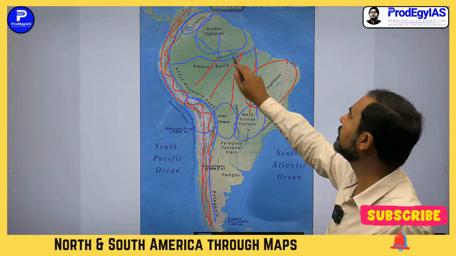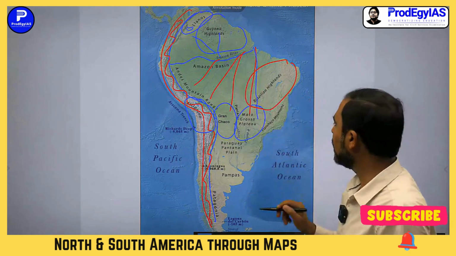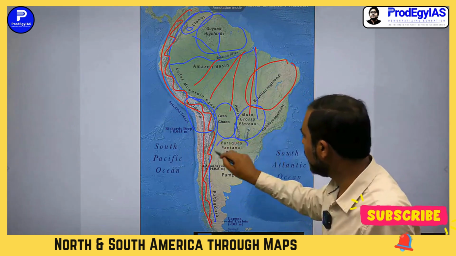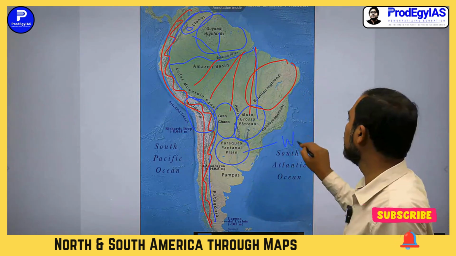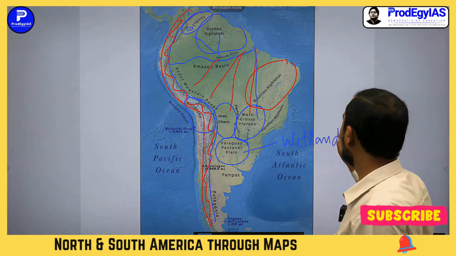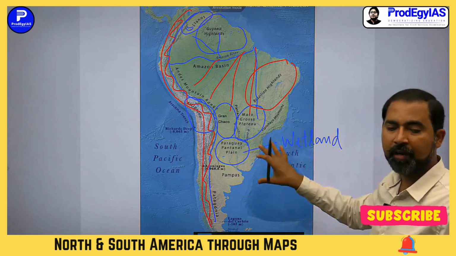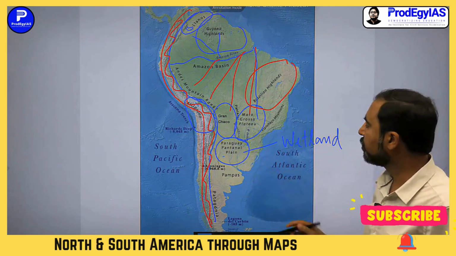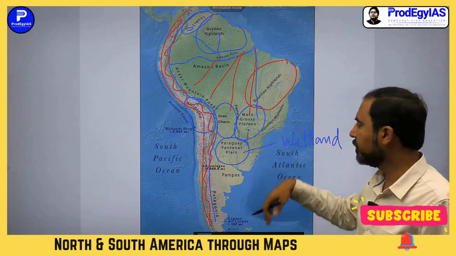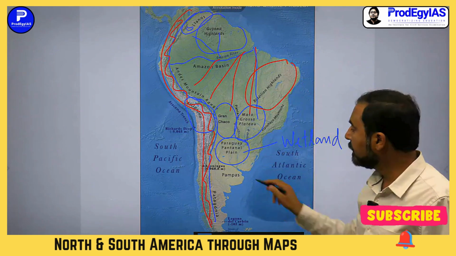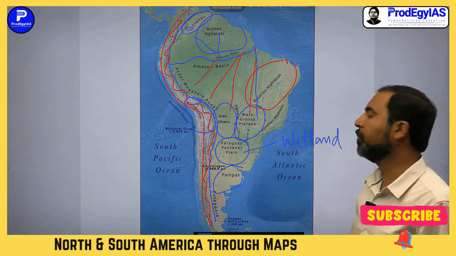Here, Selvas, Llanos, Selvas. Here, Pantanal. Pantanal is a wetland, the largest wetland in the American continent, whether in North America or South America. This is the temperate grassland, Pampas.